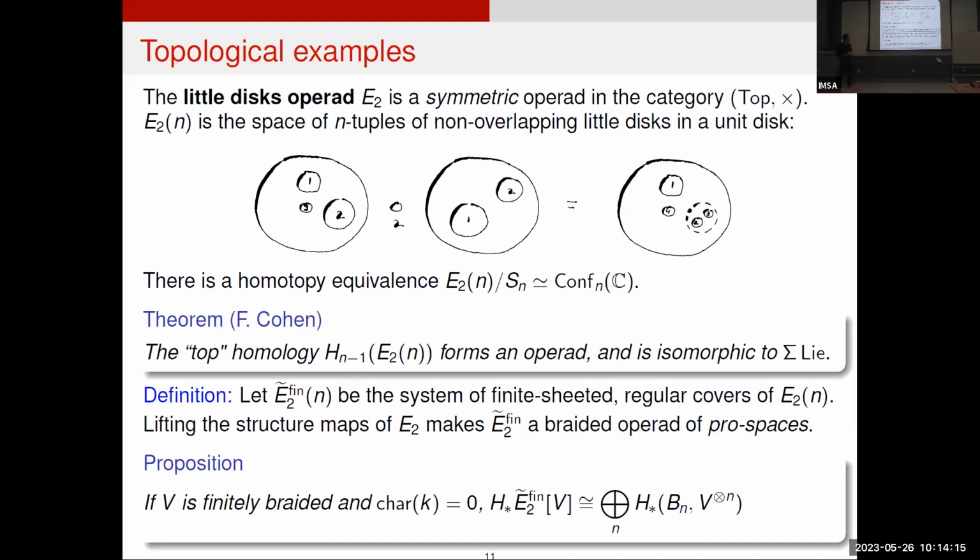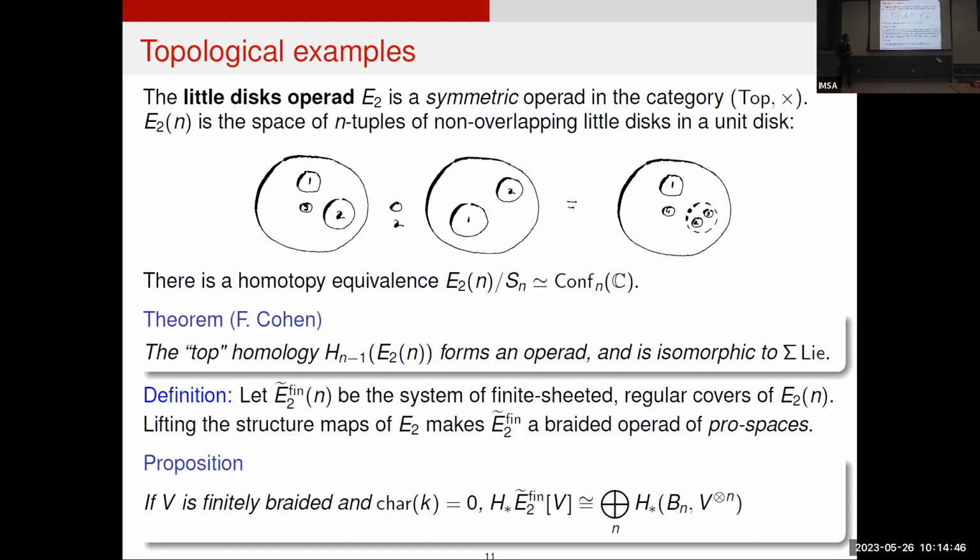We're just going to do it in this inverse system of finite covers. And that gives me an operad structure, a braided operad structure, on this tower of covers of E2. I'll call that operad E2 hat then. But it's not an operad of spaces any longer. It's an operad in the category of inverse systems.